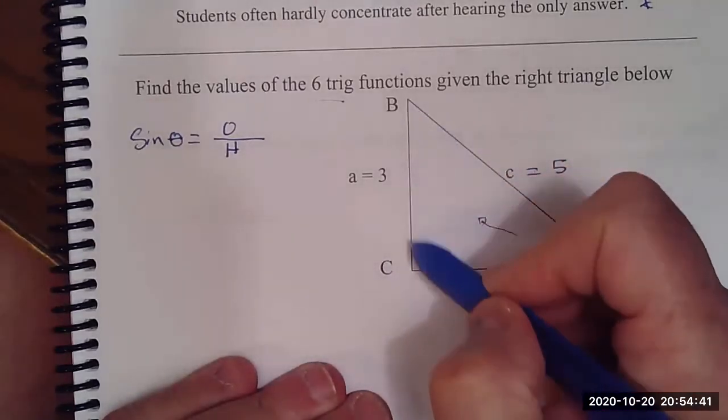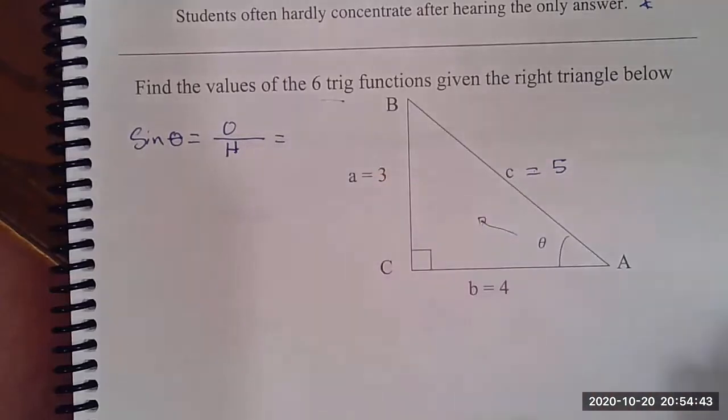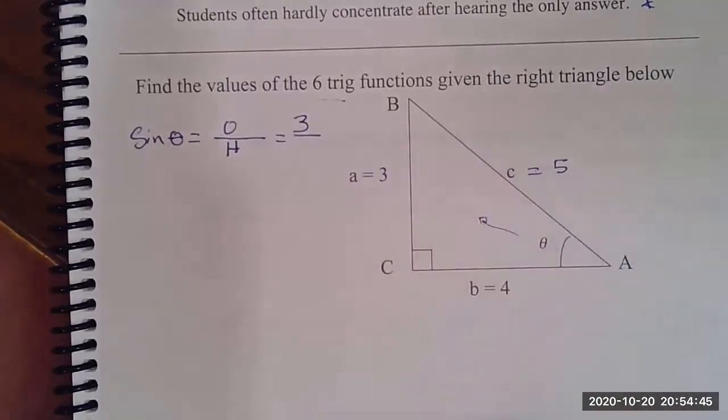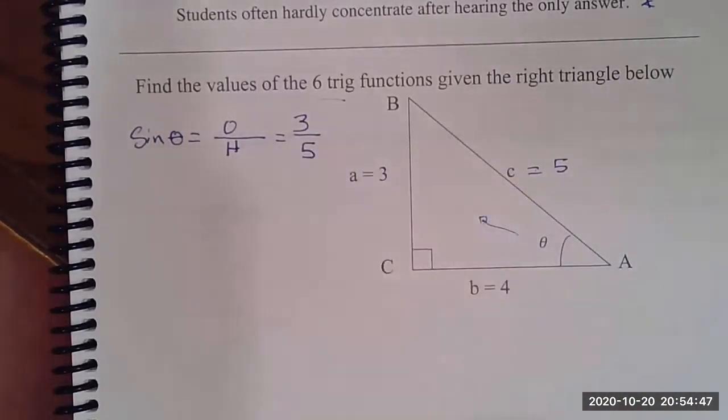So this is opposite. So that would be the number 3. And of course, the hypotenuse is 5. So sine of that angle theta, and more about that later, what that angle is that causes that to be true, we'll be seeing when we get into the graphing portion, maybe even at 4.4 a little bit, but the graphing portion for sure, 4.5.